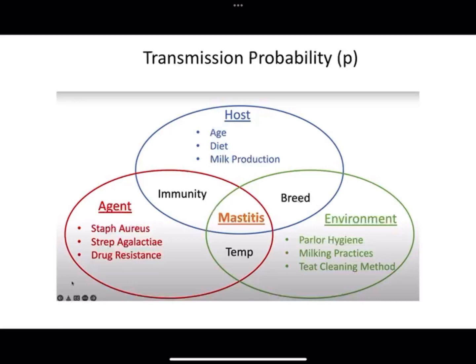I would imagine that literally every contact has a different transmission probability, because of how different the situation will be from time to time. But for the purpose of calculating R0, it's considered to be a constant.